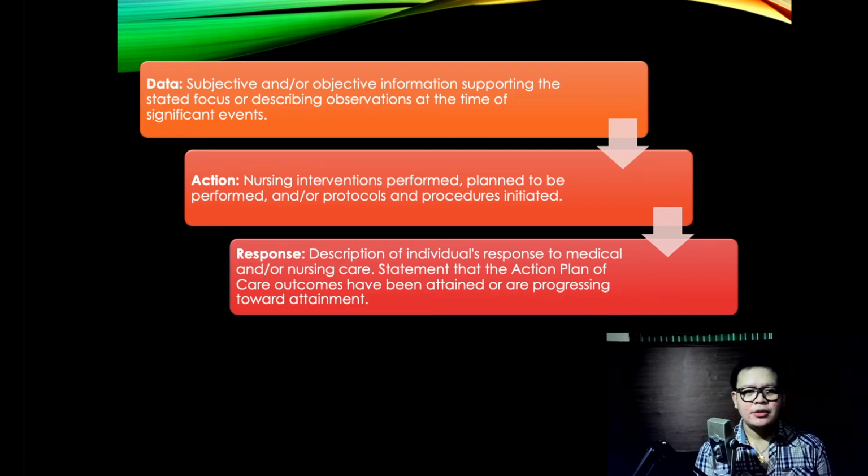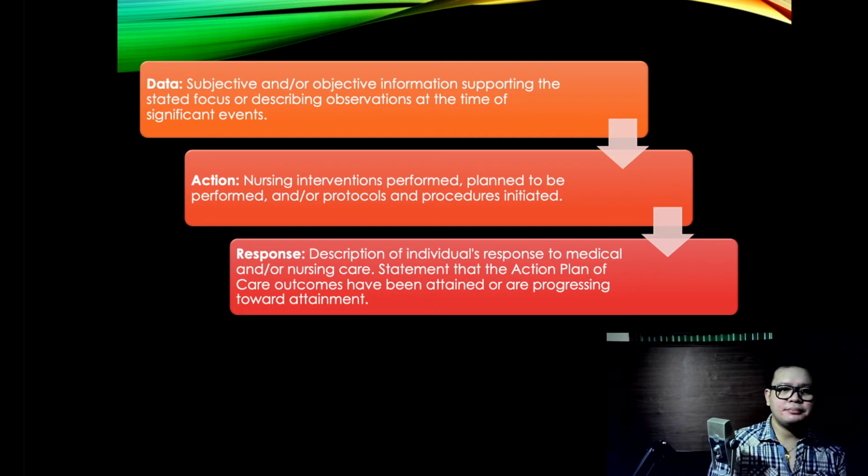Prior to writing the action, you write the letter A, followed by the nursing interventions that were performed. Again, it should be past tense because this already happened. It will not happen in the future; it was already performed.